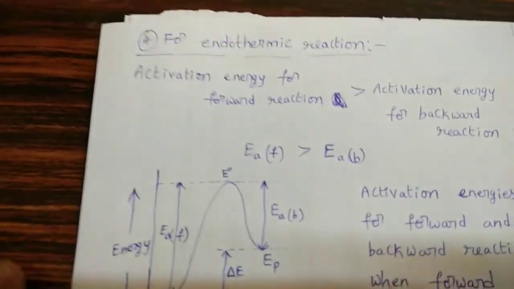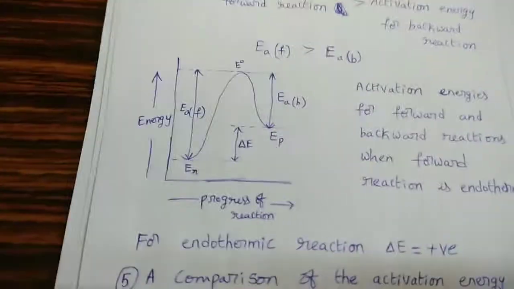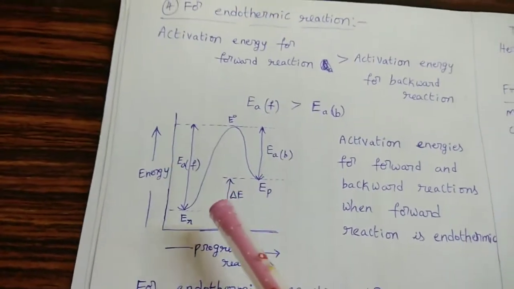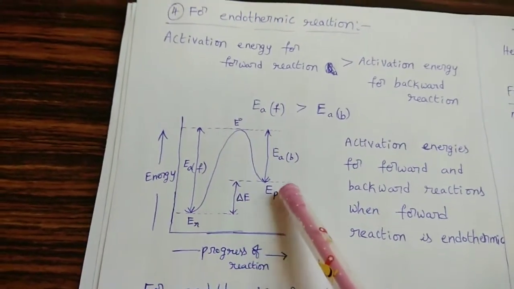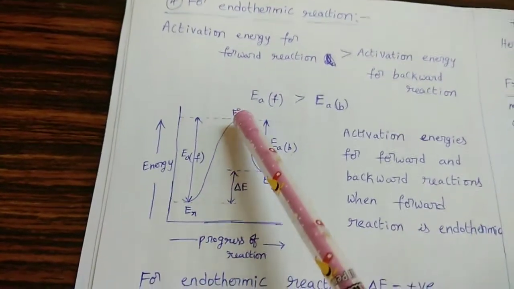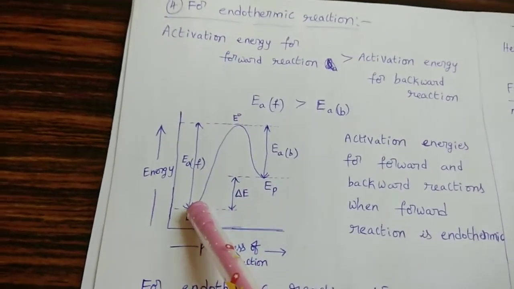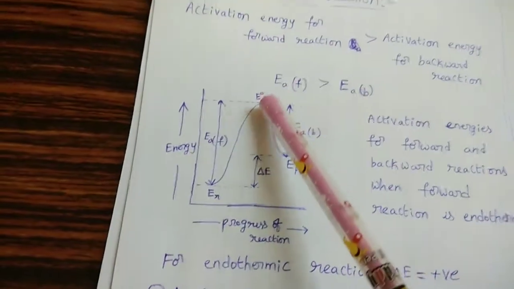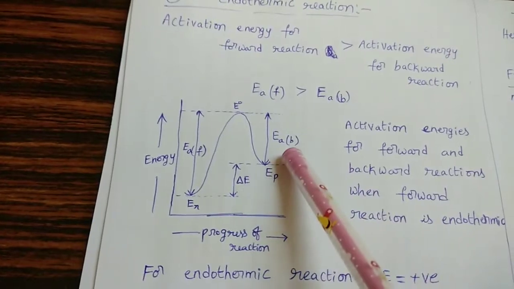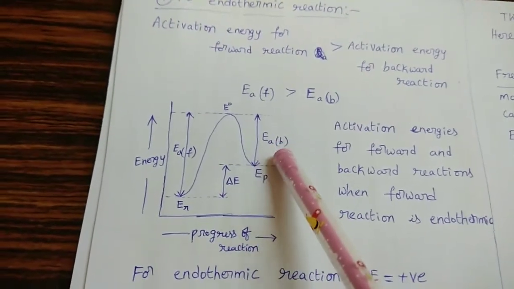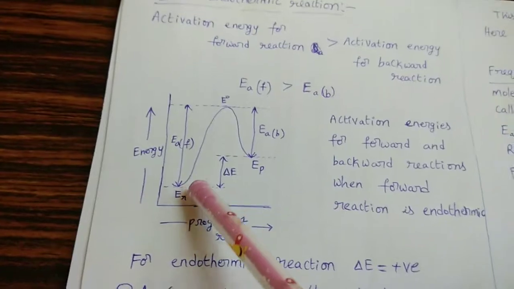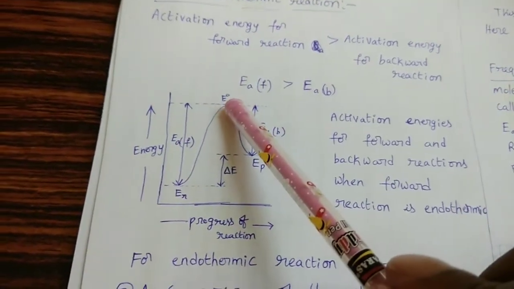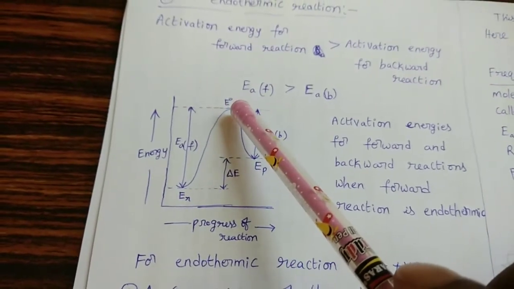For endothermic reaction, see this graph, energy on y-axis, progress of reaction on x-axis. Here this is energy of reactants, energy of products, this is threshold energy, this is the energy gap for forward reaction, that is nothing but activation energy of forward reaction. This is the energy gap for backward reaction, that is activation energy for backward reaction. Here reactants by absorbing energy reach threshold energy level and form activated complex.